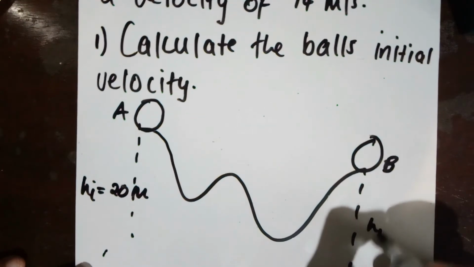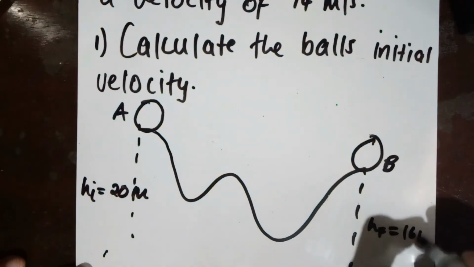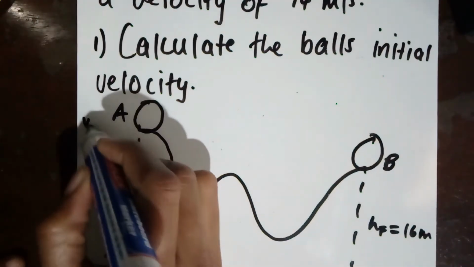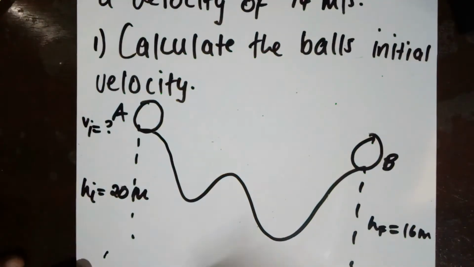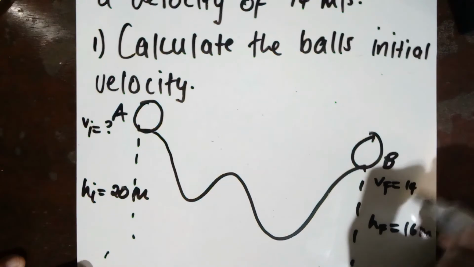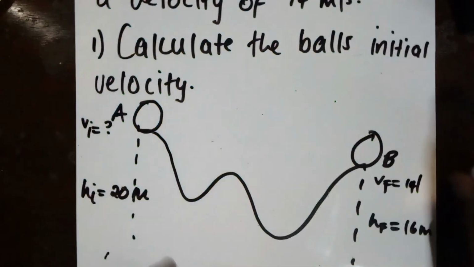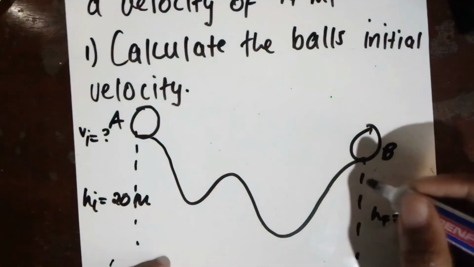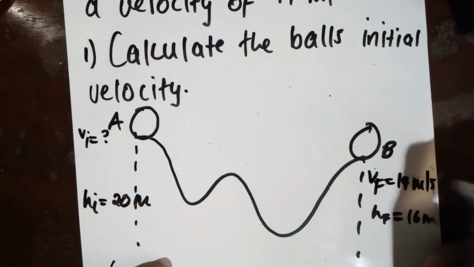The final height of the ball is 16 meters, and then the initial velocity here we're not given, that's what we're trying to find. But we're given the final velocity of the ball here, which is v_f is 14 meters per second.